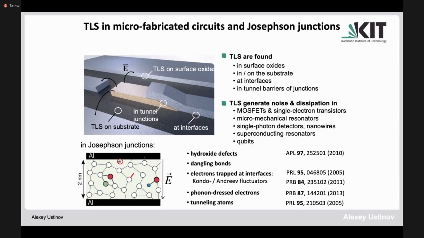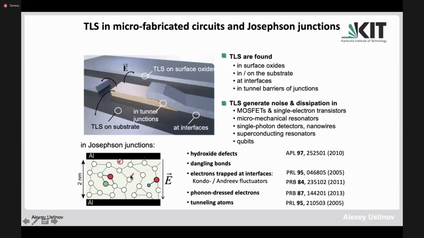there will be some irregular positions of atoms in the structure. And one can imagine a situation when very seldom, randomly, there will be some locations for an atom or a group of atoms, some locations nearby. For example, you have two local minima of energy for an atom to be either in a position which is indicated by the green dot here, or in a position indicated by the red dot.